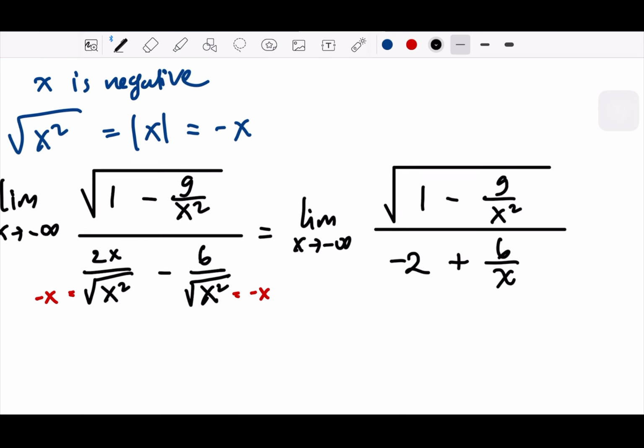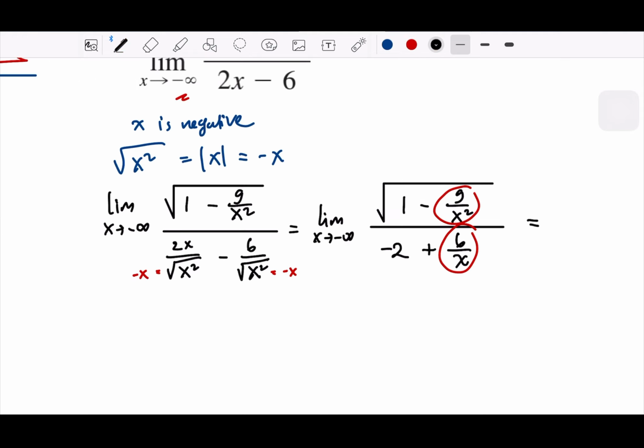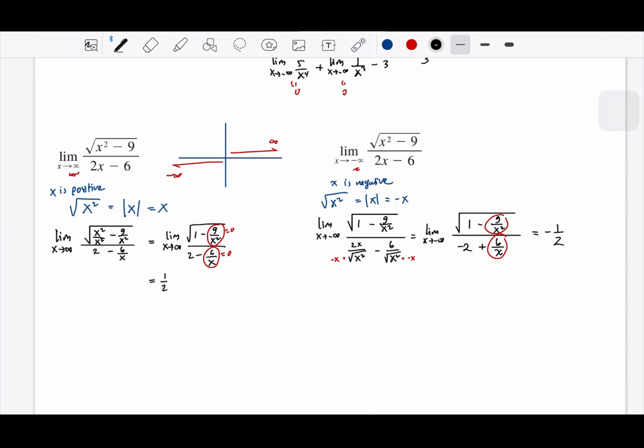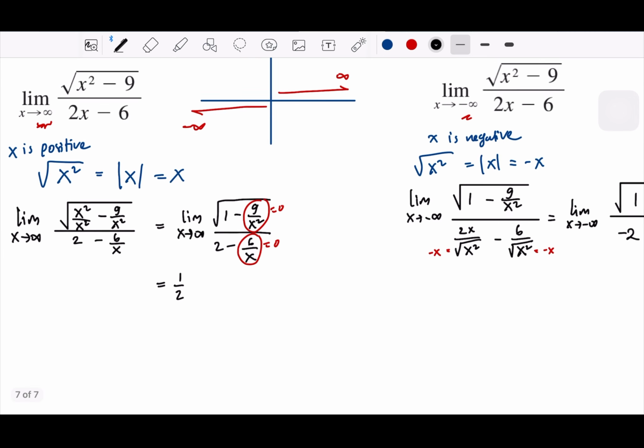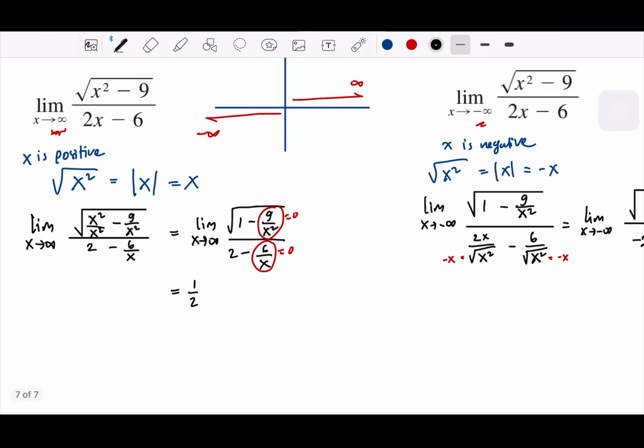Okay, so this will be 0, 0, and we are going to have negative 1 over 2. So please be careful about positive and negative when you deal with this kind of situation.